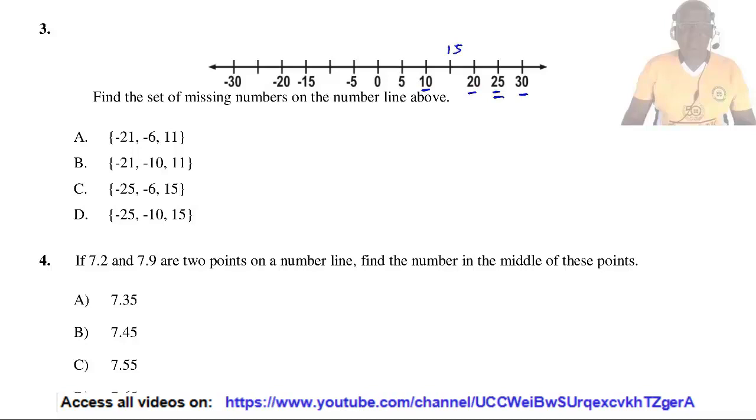The number before minus 5 is minus 5 minus 5, which is minus 10. The number before minus 20 is minus 20 minus 5, which is minus 25. So the numbers are minus 25, minus 10, and 15, which is D.